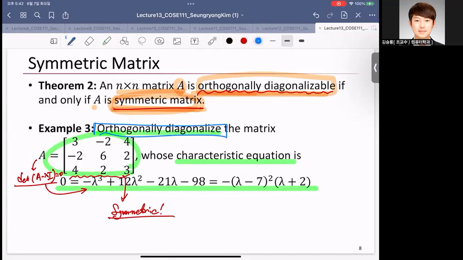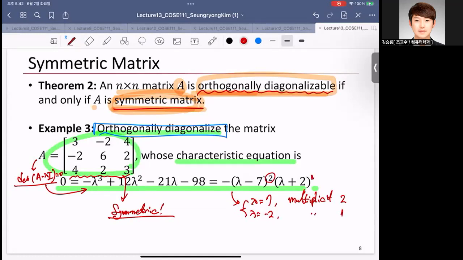First of all, in this matrix A, our eigenvalues are 7 and -2, where the multiplicity is 2 here and multiplicity 1 here.